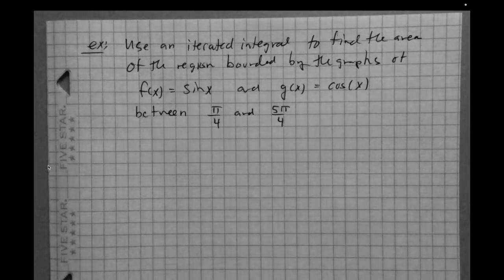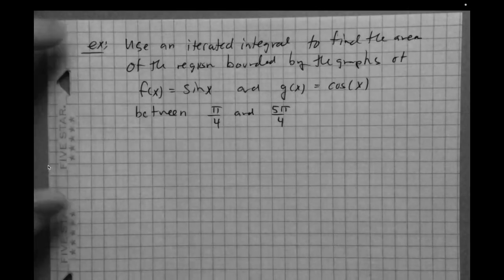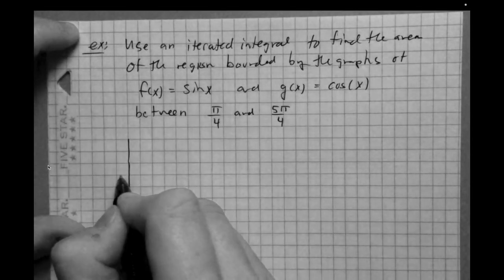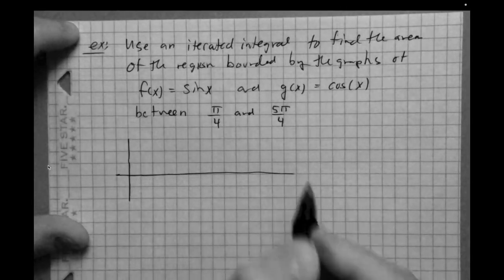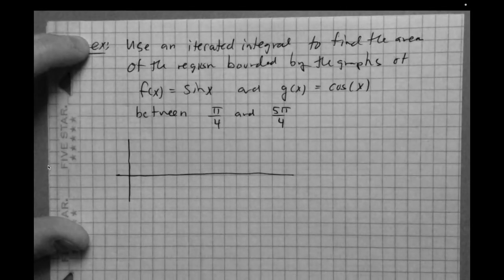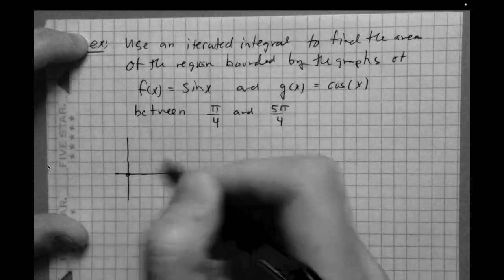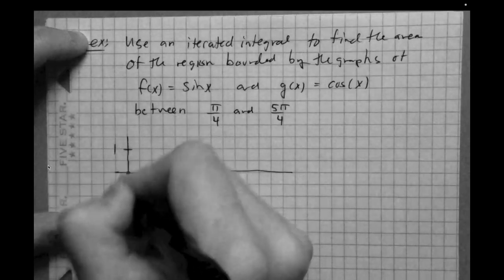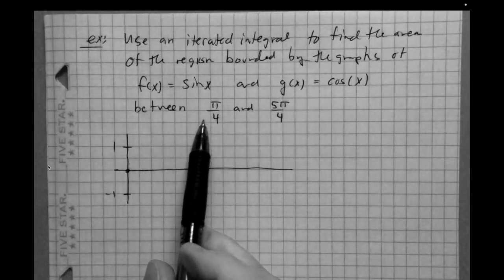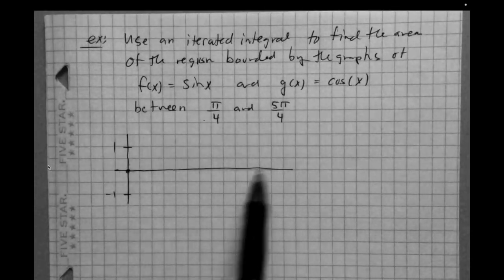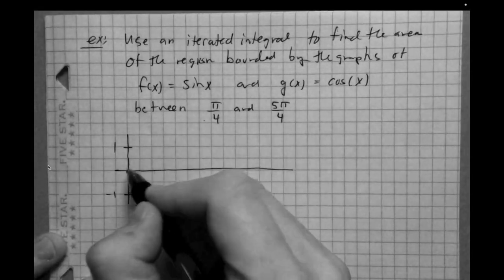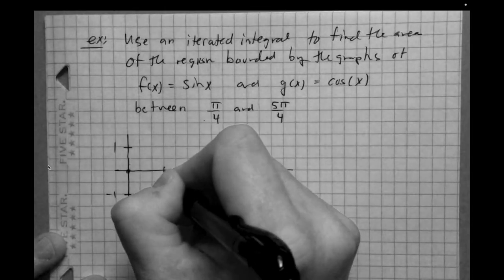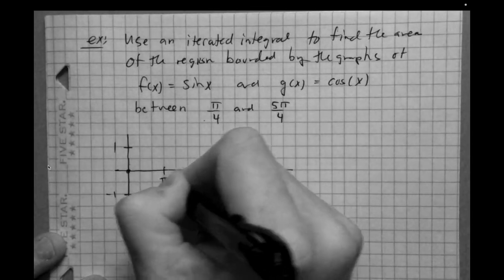Okay, all right. So I'll try to draw this first. It's not too bad to draw, but because it's sine and cosine, bear with me. So we'll start with the sine function. We know the sine function starts down at 0, and then it's going to hit a max of 1 and a min of -1. We're just kind of interested in between pi over 4 and 5 pi over 4, so that means we can just kind of move to the right. This is going to be pi over 2.